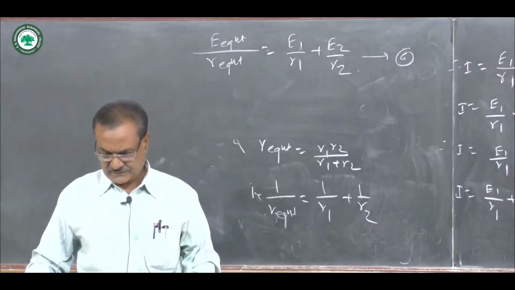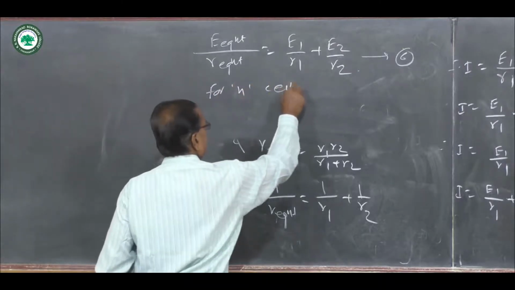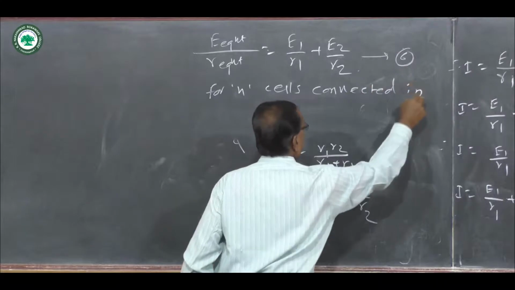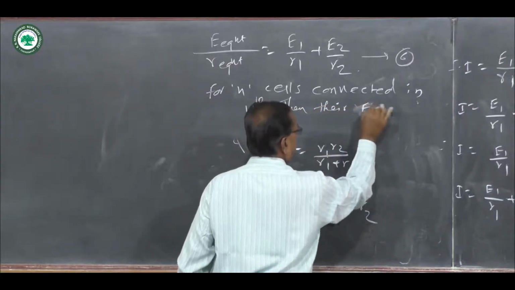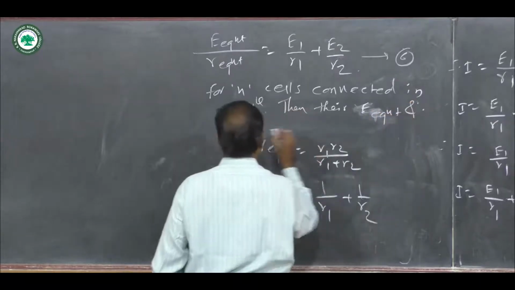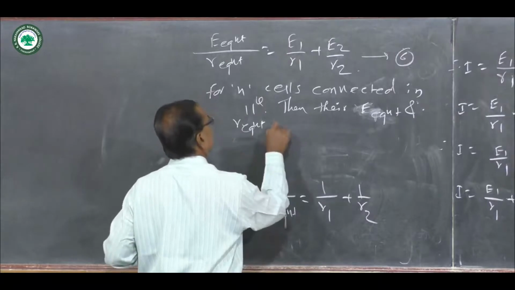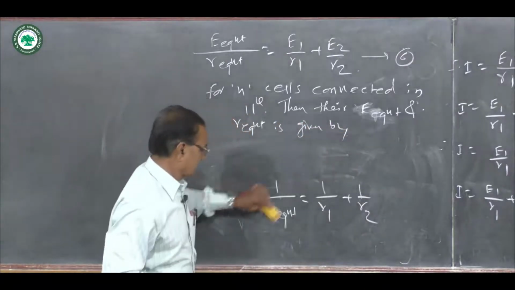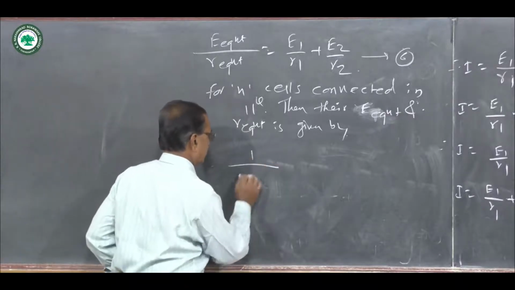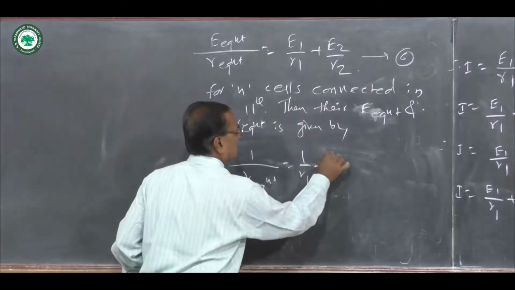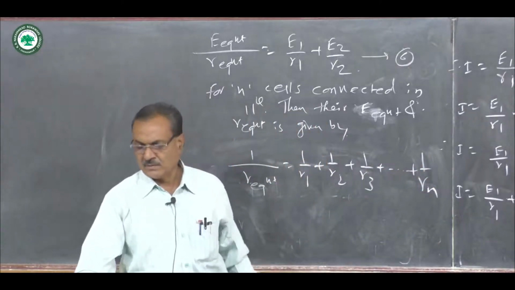For n cells connected in parallel combination, their equivalent E and R equivalent are given by: 1 upon R equivalent is equal to 1 upon R1 plus 1 upon R2 plus 1 upon R3 plus 1 upon Rn.